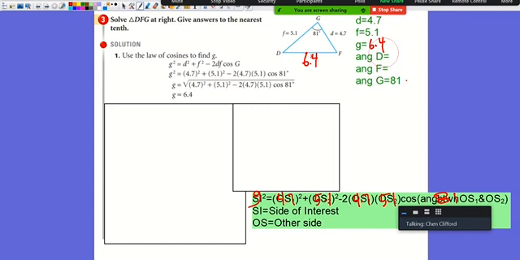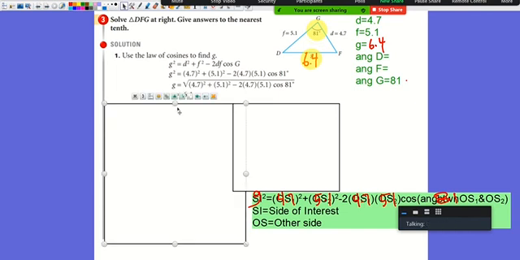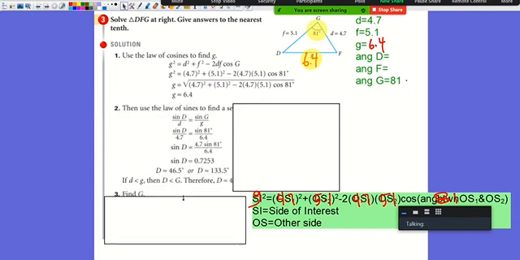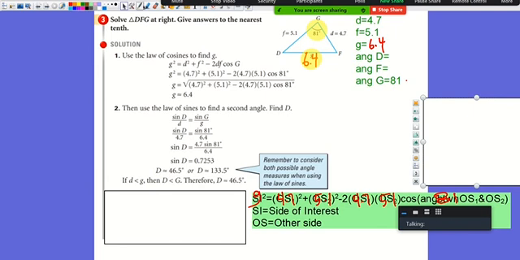Now you're going to do law of sines. So check this out. I'm going to go yellow over yellow, yellow over yellow, and that's what I got right over here.